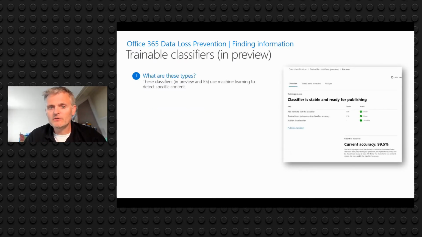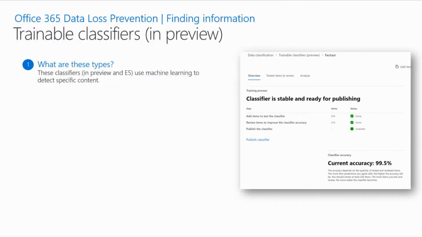Okay, like I said, trainable classifiers, really new. They have been around in preview since Ignite 2019. You really will need E5 for this, the license, and you can use machine learning to detect specific content. It's basically very simple.